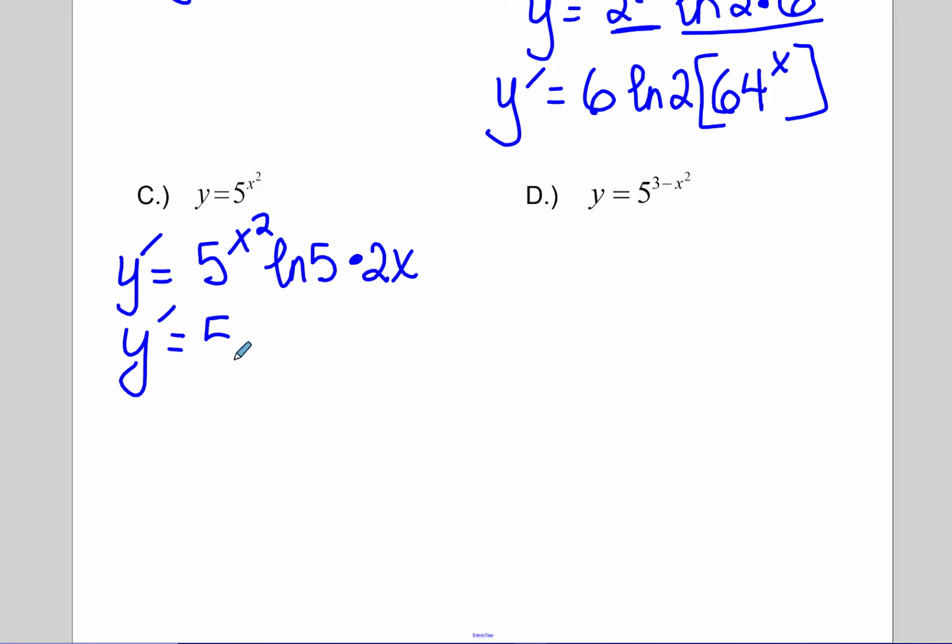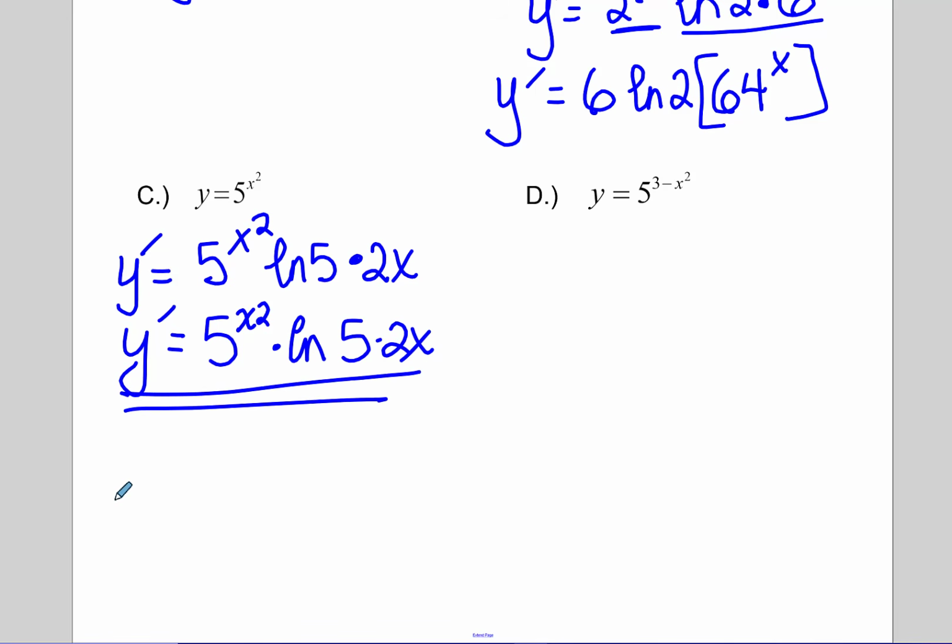So we got 5 to the x squared power times natural log of 5 times 2x. So if you like, you can say u is x squared and u prime is 2x.